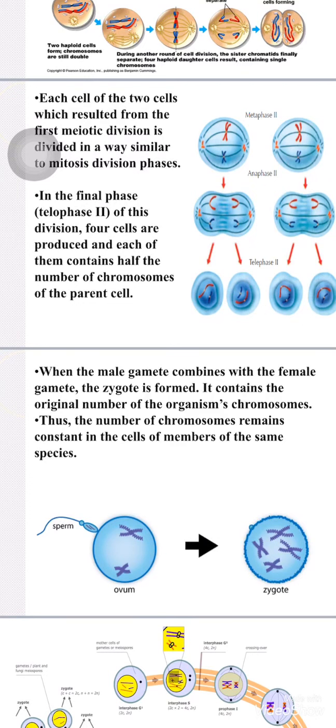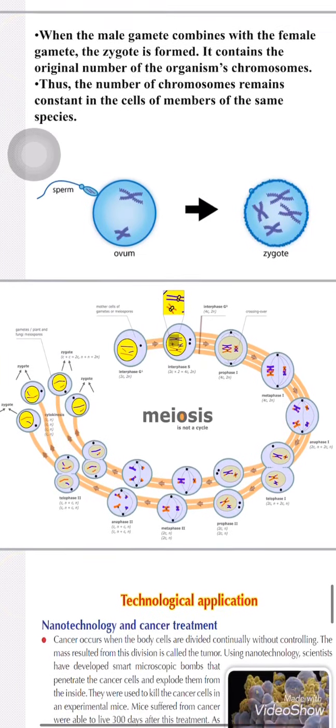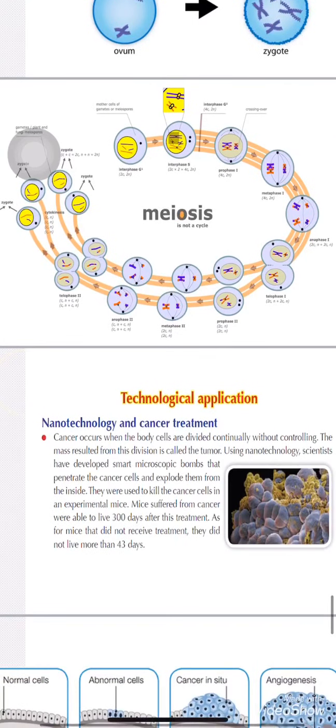The zygote contains how many chromosomes? 23 from the male gamete and 23 from the female gamete, so it contains 46 chromosomes. So this keeps the number of chromosomes constant in the cells of the members of the same species. Okay? Now, let's talk about a technological application of cell division.